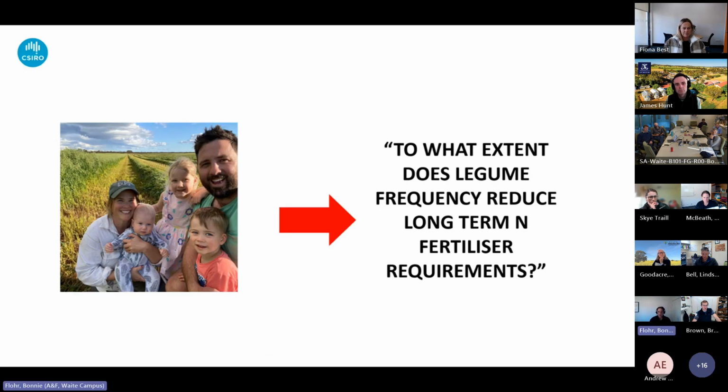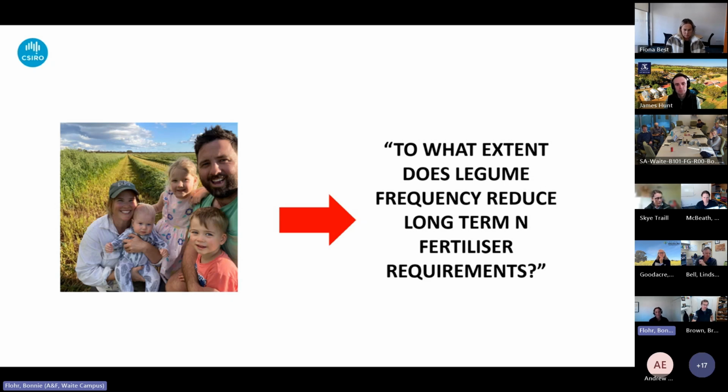I'm from a farming background, and my sisters are currently home on the farm, and I'm often discussing with them different projects and experiments I am involved in. At the start of this study, I was telling them about a different legume rotation experiment we had locally, and it led to the question: I wonder what our current farming systems are actually contributing to the total N supply longer term.